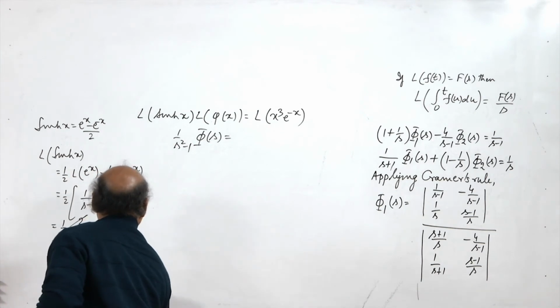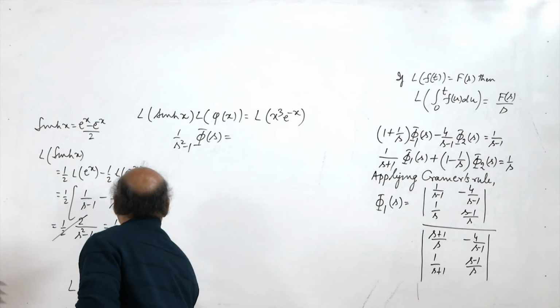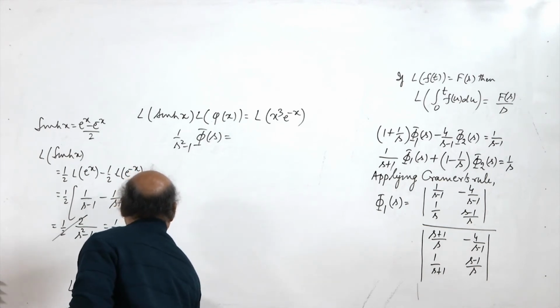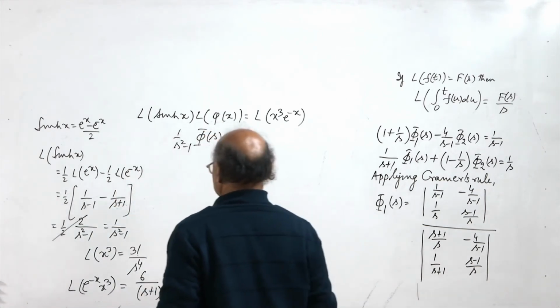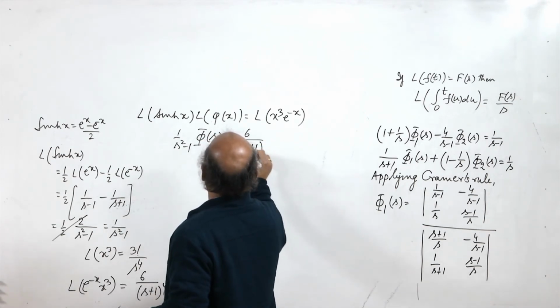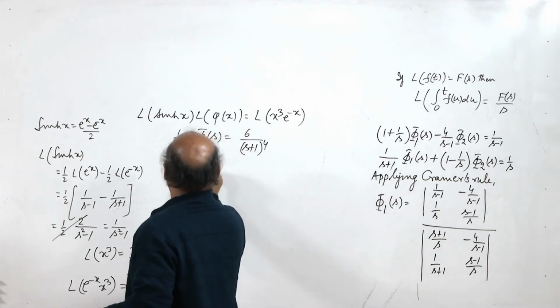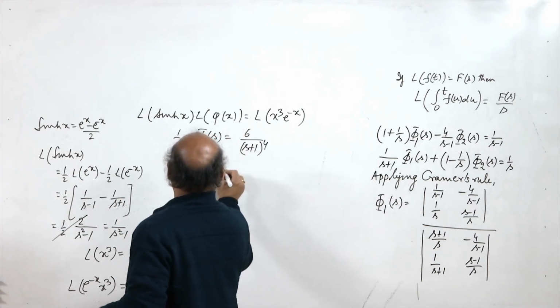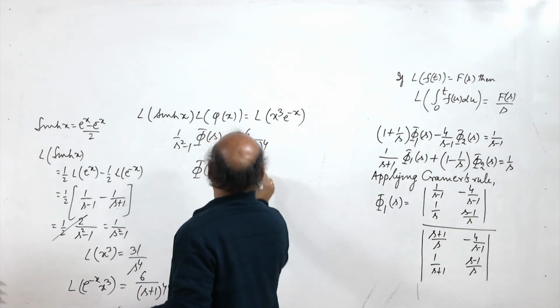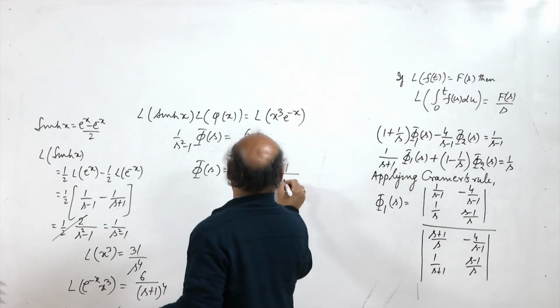So, this is 6 over, s is replaced by s plus 1, so s plus 1 to the power 4. So, we will have 6 upon s plus 1 to the power 4. So, we have phi bar(s) equal to 6 times s square minus 1 divided by s plus 1 to the power 4.